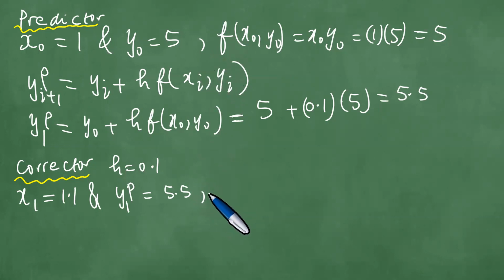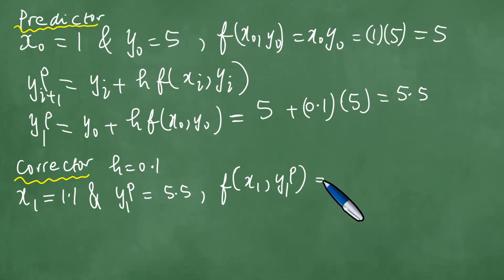And then now we're going to do the product. If you have the xi plus 1, yi plus 1, we just need to put these ones. So it's going to be x1, then y1 predictor.